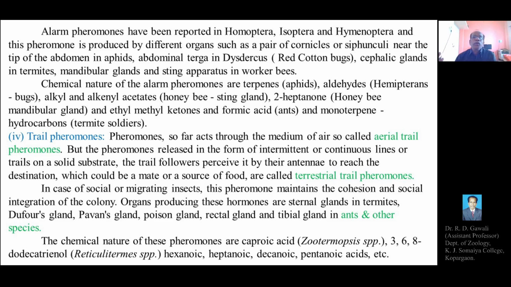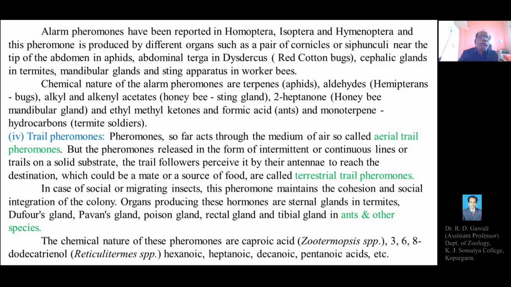Then ethyl methyl ketones and formic acid in ants, and monoterpene hydrocarbons in termite soldiers. So these are the different types of insects secreting different alarm pheromones, which are chemically different and also show different changes in the behavior of members of the same species.